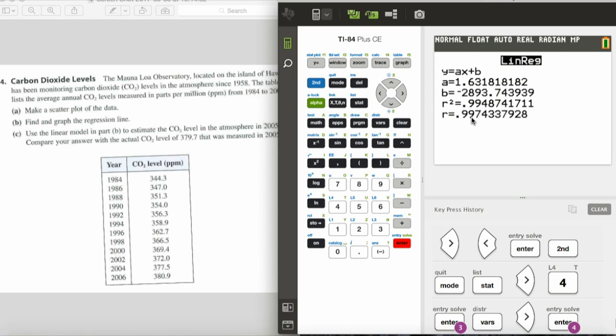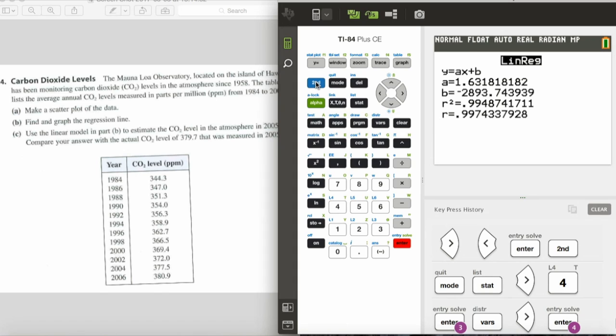And this is a very good model, which means the data points are very close to this line. So this is actually a small section of the curve that can be modeled by a straight line. In earlier years it may not be a good model, but in our range of years, it's a very good model.